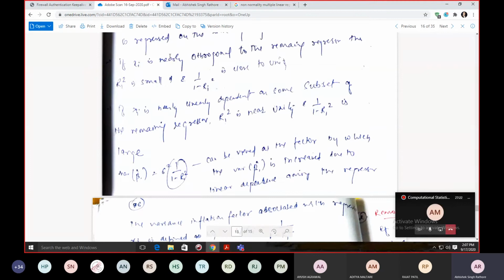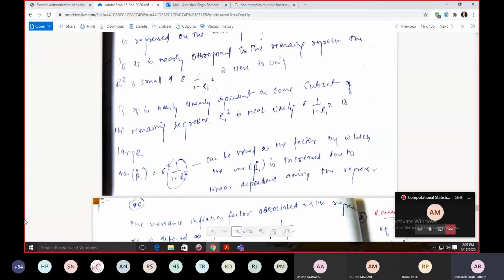If your xi is nearly orthogonal with the remaining regressors, when I say orthogonal, it means that it is creating a 90-degree angle with your remaining regressor variables. Fine. You are comfortable with orthogonal matrices or orthogonal attributes from linear algebra.